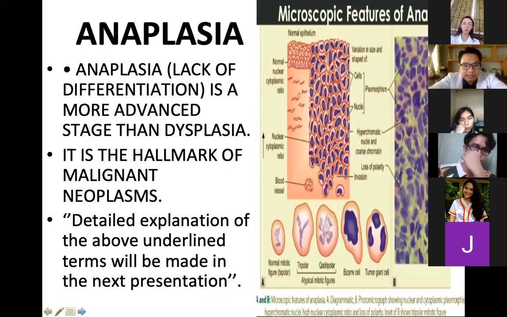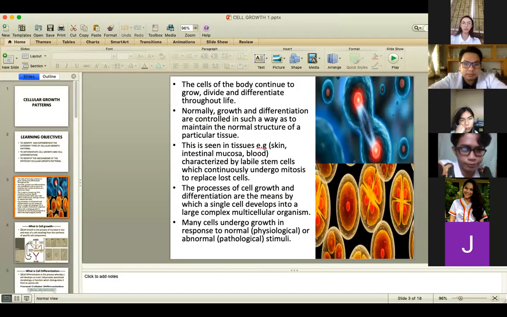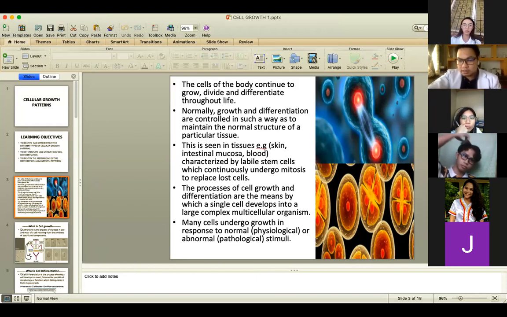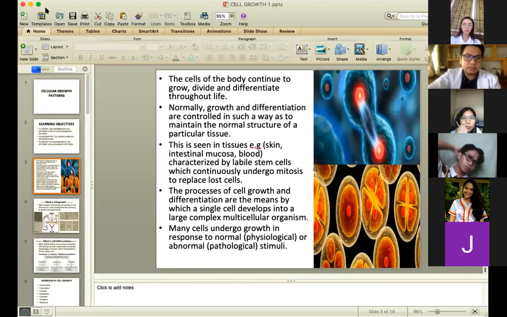So detailed explanation of the above underlined terms will be made in the next presentation. Class, we're going to discuss anaplasia when we go to staging and grading of cancers.